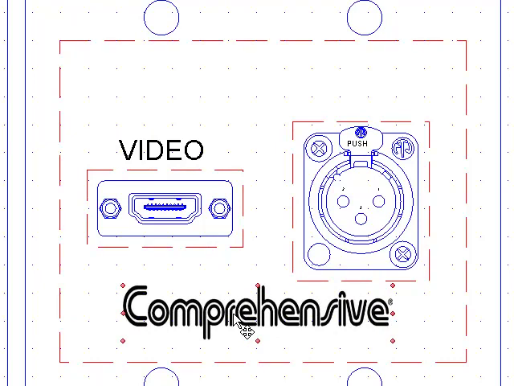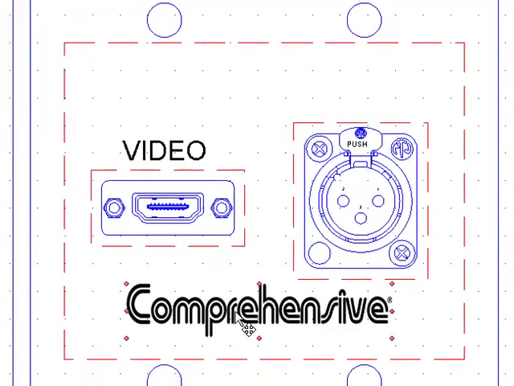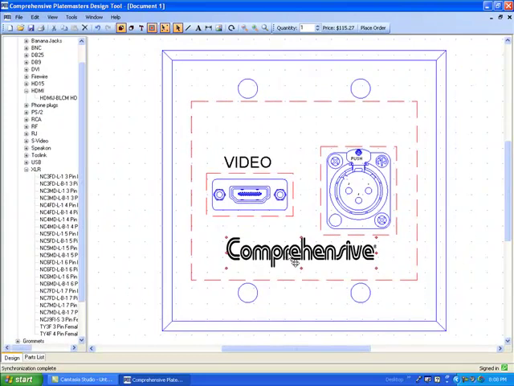Now that I have added everything I would like to this plate, I have a detailed drawing that I can save in several file formats. These formats include CPD, which is the Comprehensive PlateMasters Design file, a PDF, which is an Adobe Acrobat file, or a CAD file, which can be viewed in an AutoCAD program.